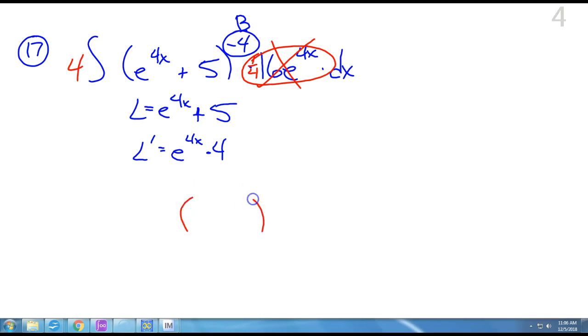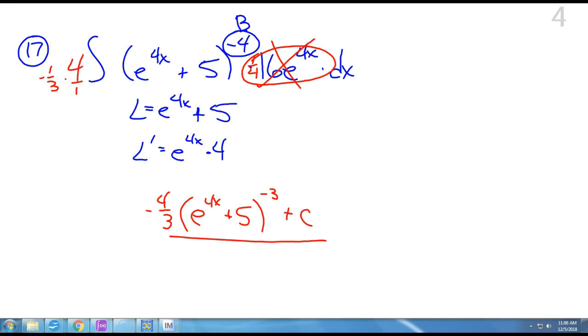So I'm going to have to the negative 3rd power. The reciprocal of that is negative 1/3 times the 4 that was already out there, which will give me negative 4/3. And then the little guy stays the same. Alright?